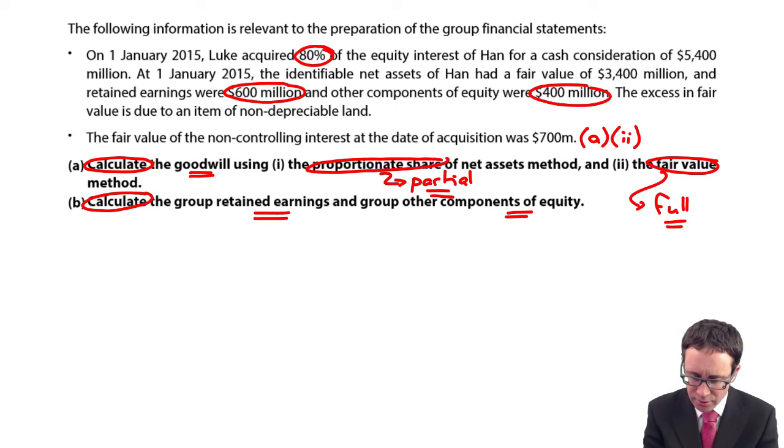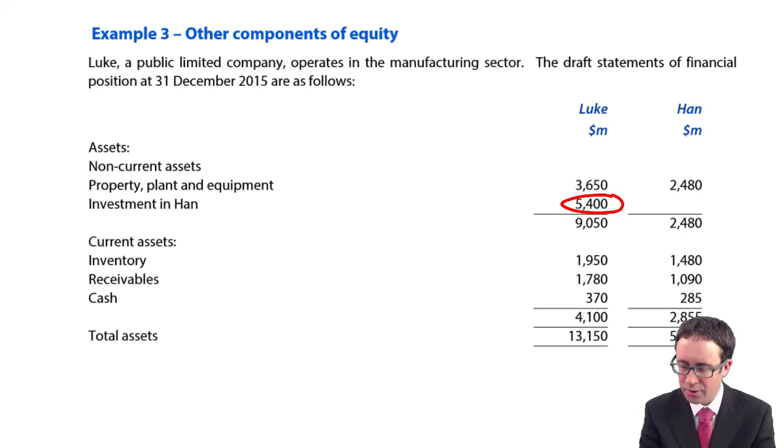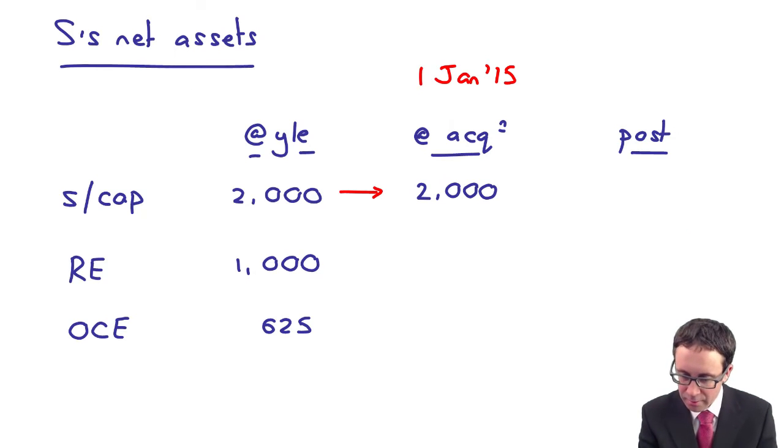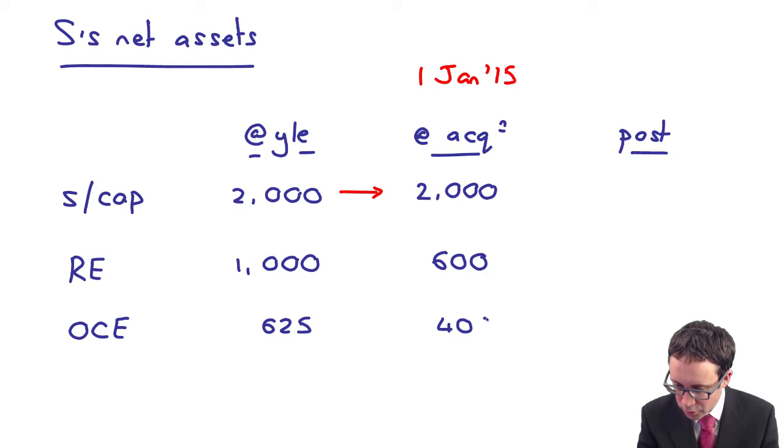Did I say we're working in thousands? We're actually working in millions, careful. Okay, there we go. You may have spotted that as I was saying the word thousands. We're working in millions. So is it there? 600 million, 400 million. So I can put in there 600, 400.